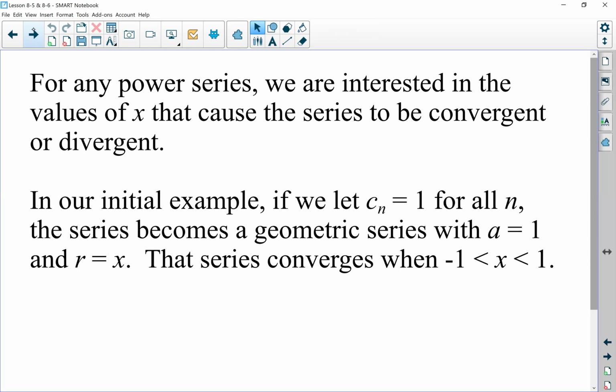So our a is 1, the r value is x, and we know from our work with geometric series that that will converge as long as the absolute value of x is less than 1. In other words, if x is between -1 and 1.